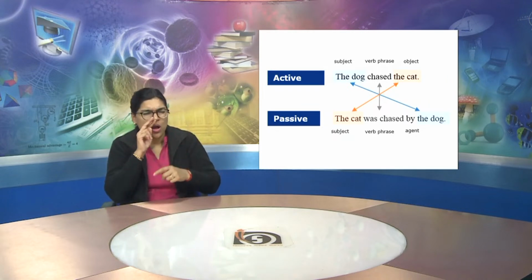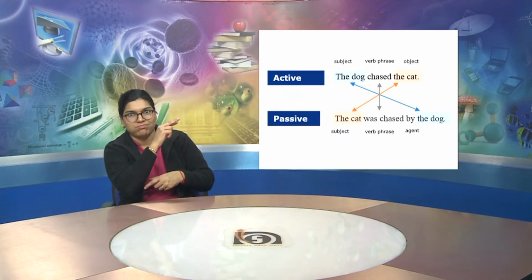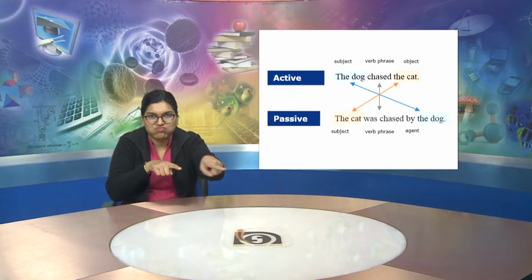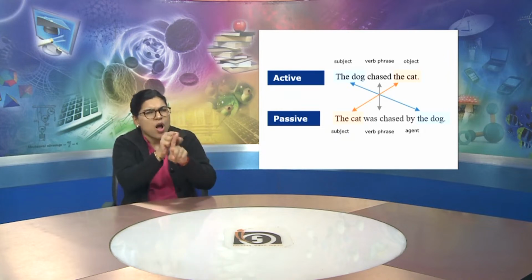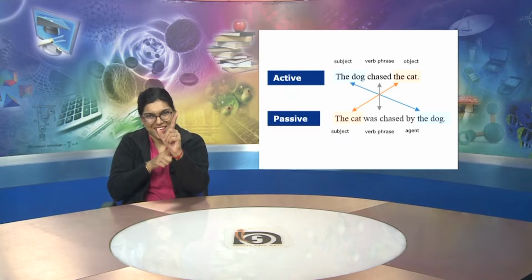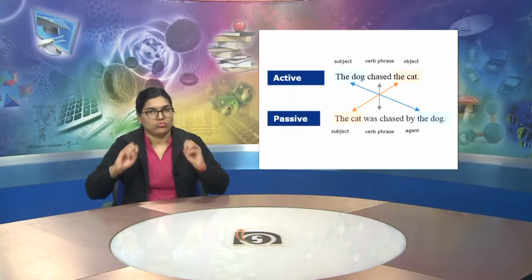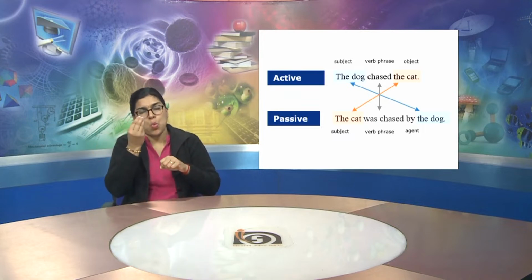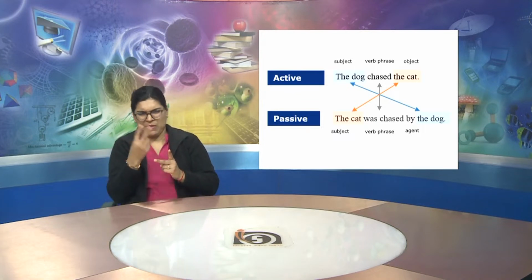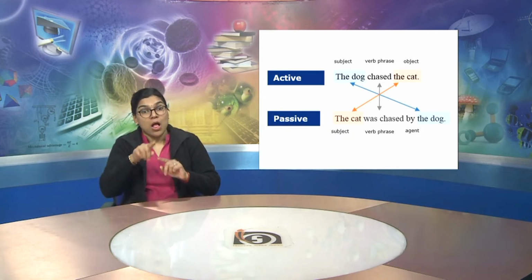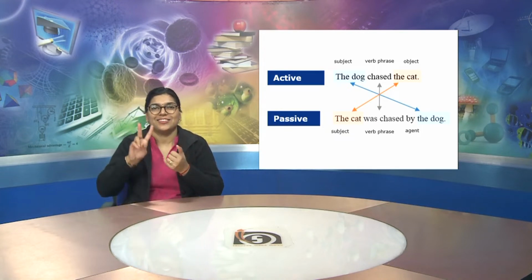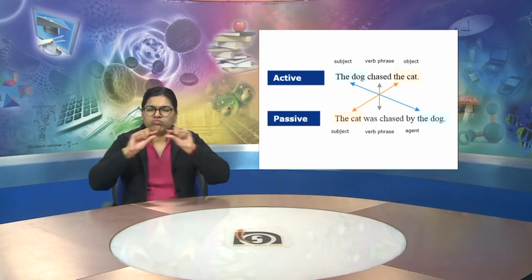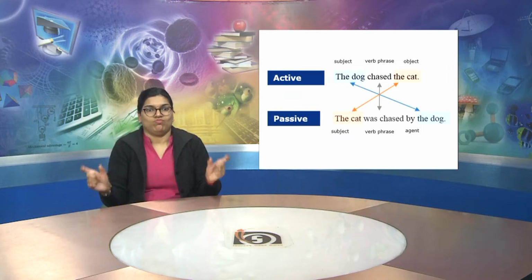So this is just the opposite of active voice. Also, you can see the word by, because the subject becomes the agent now. So in this we will be using by dog. So that is why we call this a passive statement. Active is the general statement which we use normally.